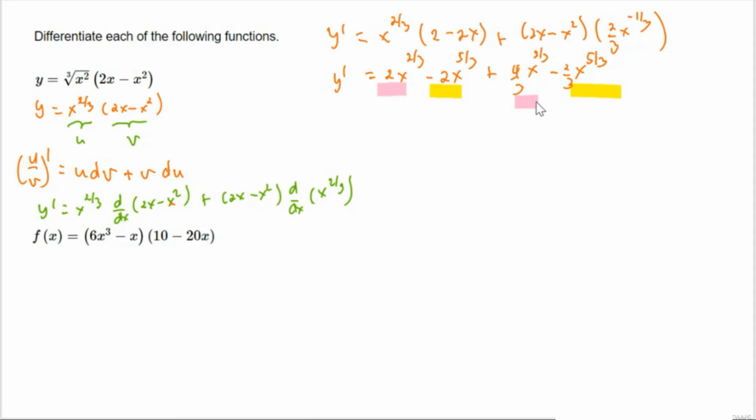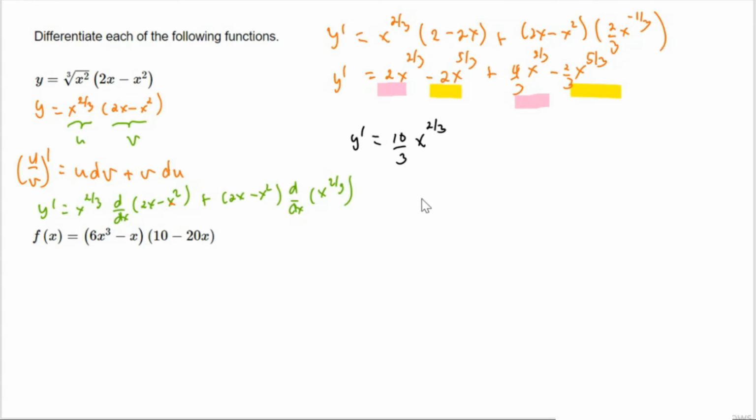Combining like terms, we can now write y prime is equal to, in terms of the power of 2/3, 2x to the power of 2/3 plus 4 thirds of x to the power of 2 thirds. So it will give you the sum of 10 over 3 of x to the power of 2 thirds.